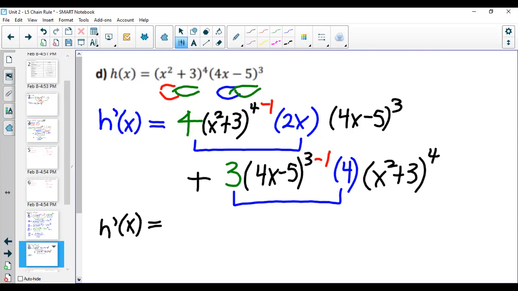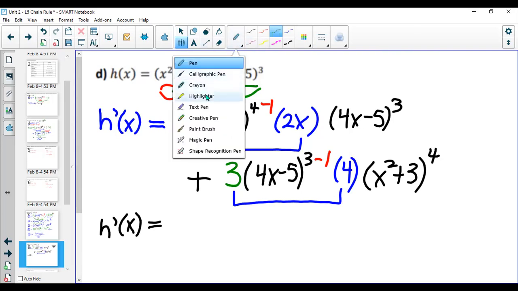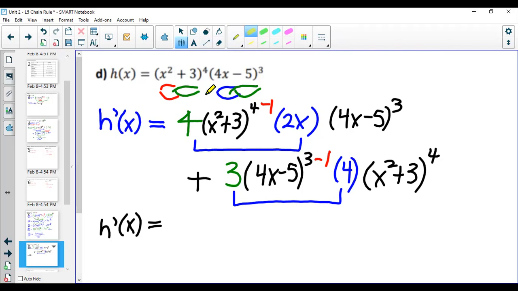Well, if you're given a possible x value, you could just plug it straight in, but we can also look at greatest common factors. So notice, I'm going to use my highlighter tool right now to highlight greatest common factors.